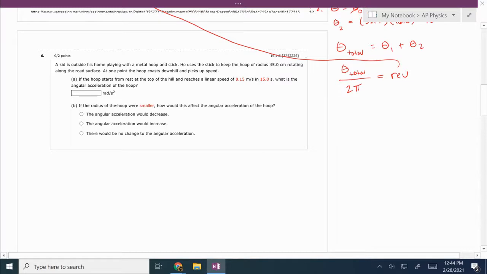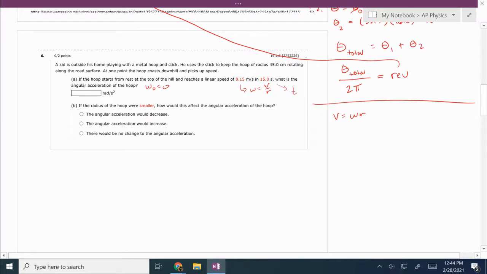If the hoop starts from rest, that tells us our initial omega would be 0, and reaches a linear speed of 8.5. So we can just take that omega is equal to v divided by r. That just came from v equals omega times r, so I just rearrange that. And we got our time, obviously.